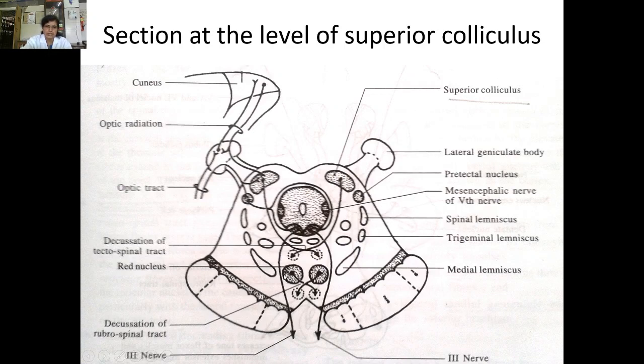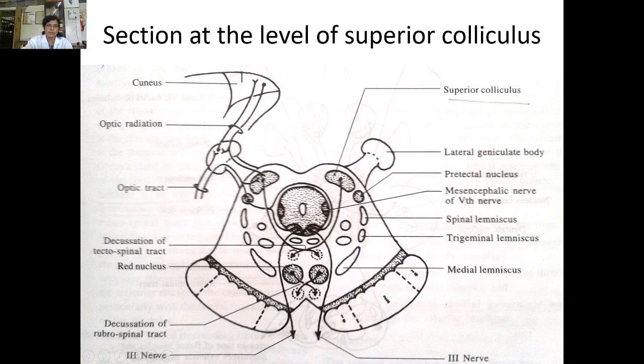So this red nucleus is present in the tegmentum just dorsal to the ventral tegmental decussation. It is situated in the upper part of the midbrain at the level of the superior colliculus, just dorsal to the medial part of the substantia nigra.